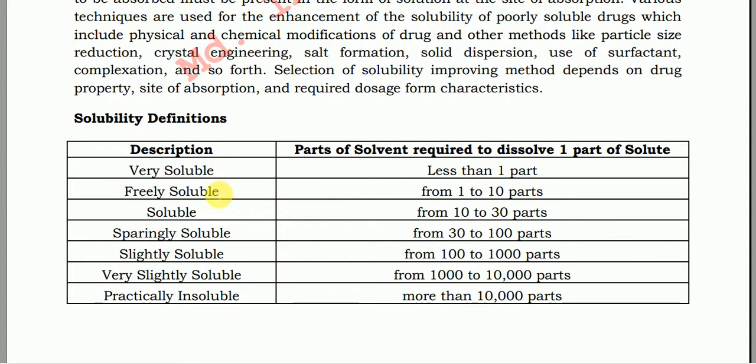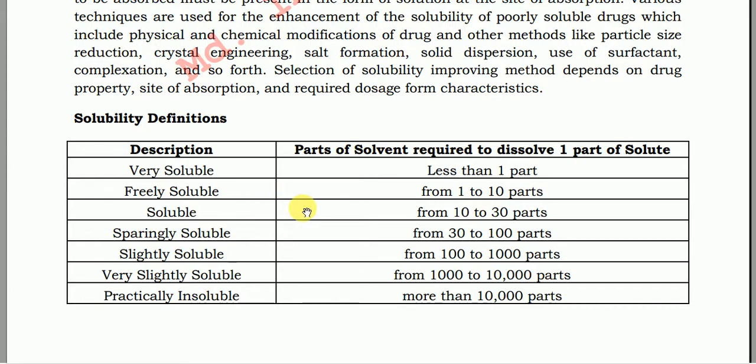1 gram of sugar and 1 to 10 gram of solvent, that is 1 to 10 gram of water. Soluble. What is soluble? If 1 gram of solute can be dissolved with 10 to 30 gram of solvent, then we will say that this solute is soluble.